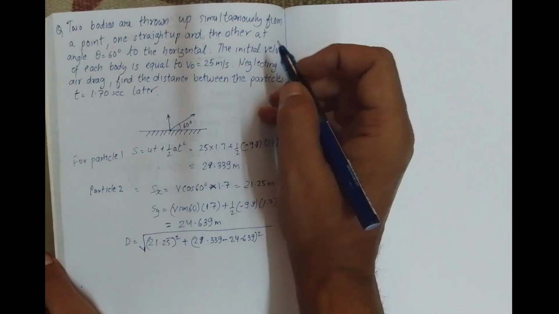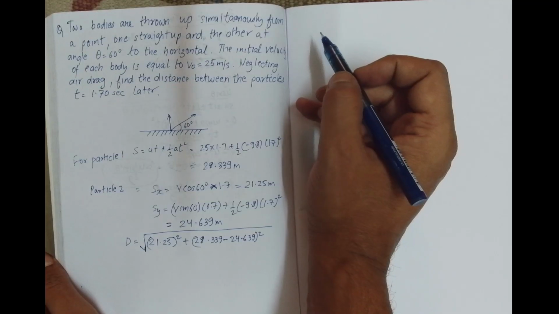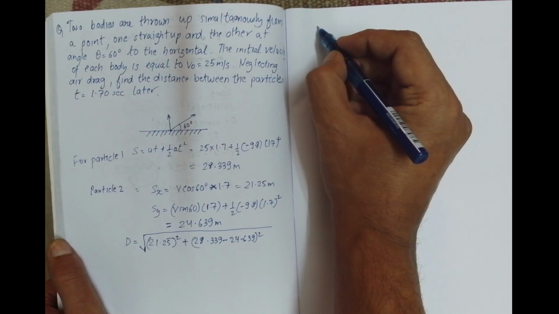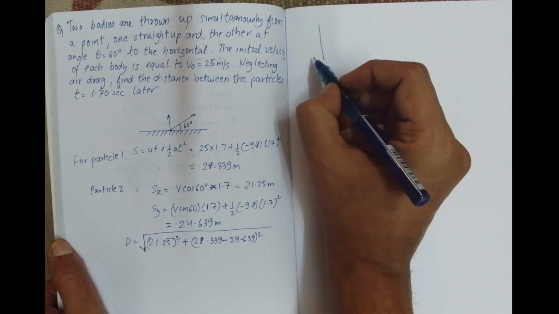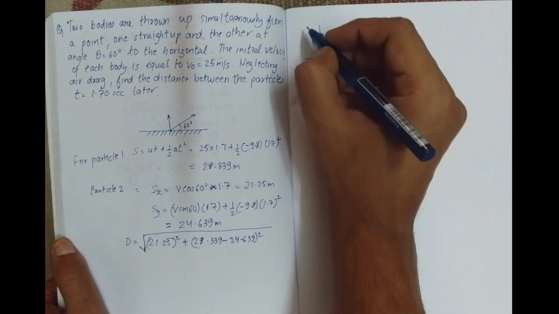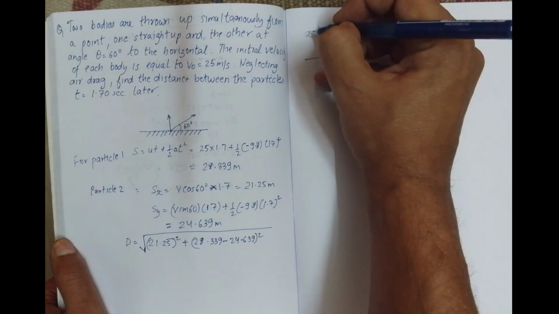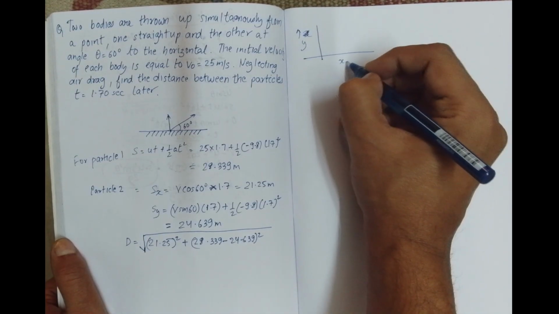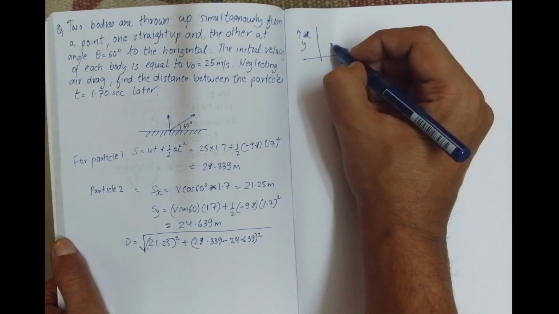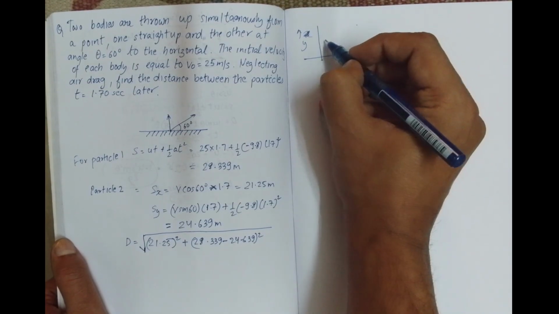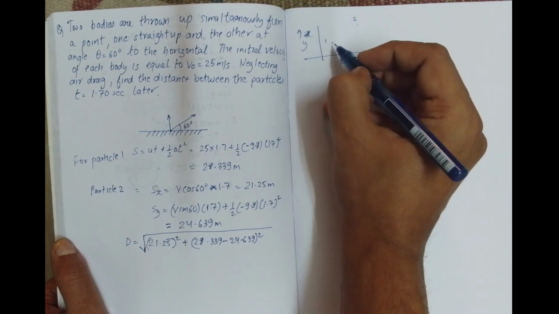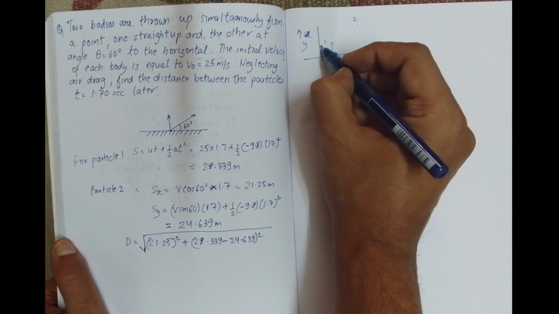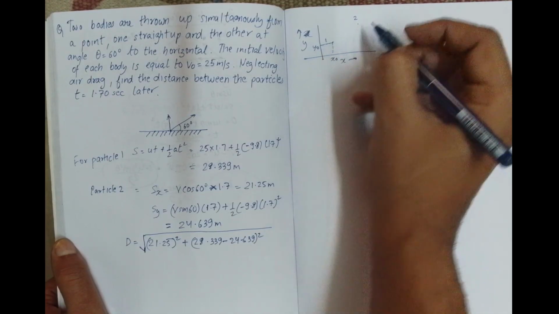And the basic reason, in fact the logic that we've used out here is that, say you have an xy plane like this, okay, this is y and this is x. So there are two particles, 1 and 2. Particle 1 has a certain x coordinate, say x naught, and y coordinate, say y naught.